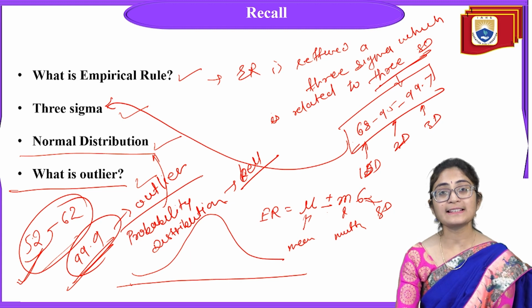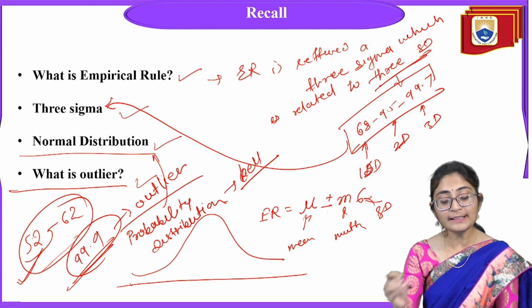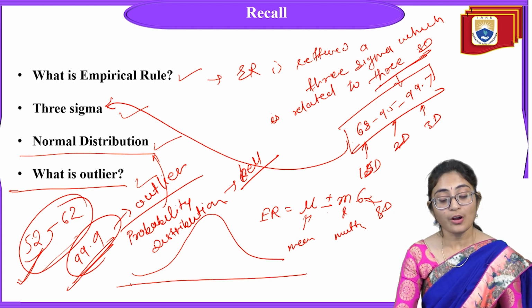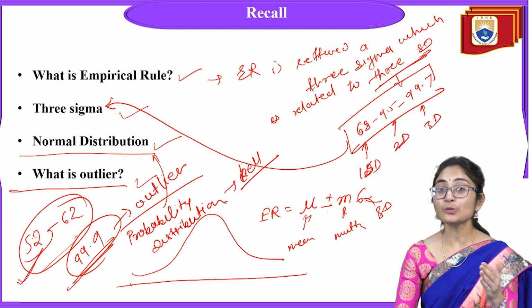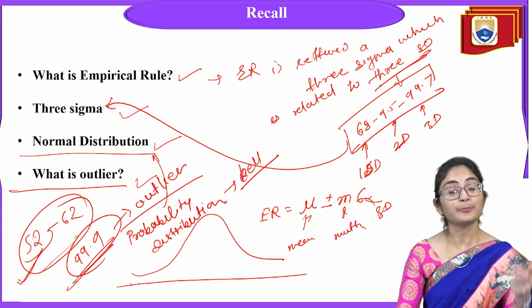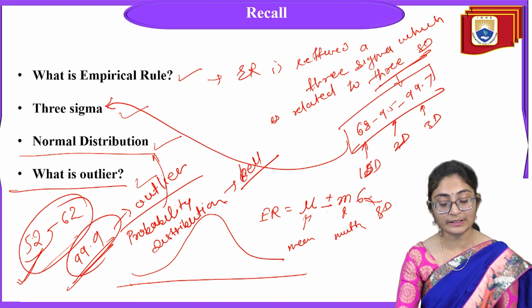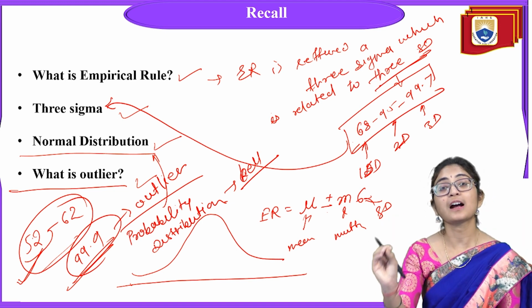That means it is totally different from the other values, or we can say it is an unwanted thing. But not always is it unwanted. That's why it is an outlier.